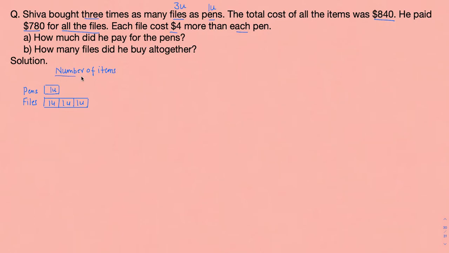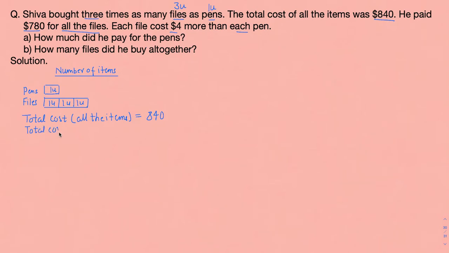Now what else do we have? We also know that the total cost of all these items is $840, and out of 840 he paid 780 for all the files. So let's write this. The total cost for all the items is $840. And what's the total cost of all the files?